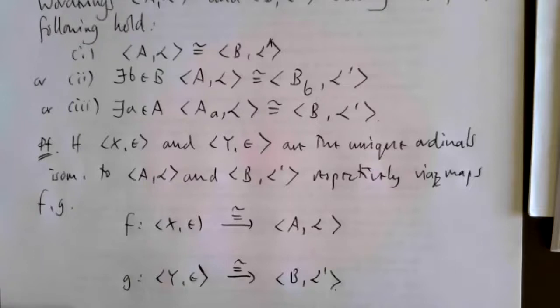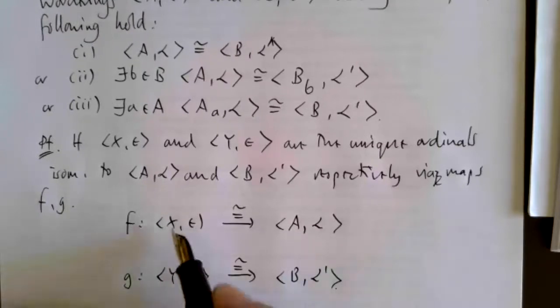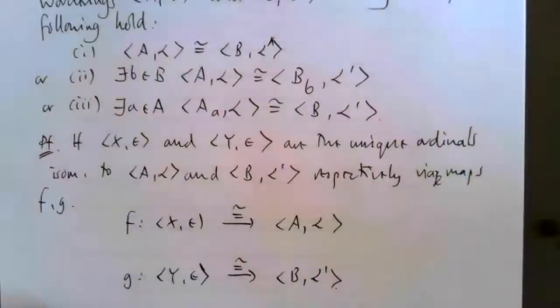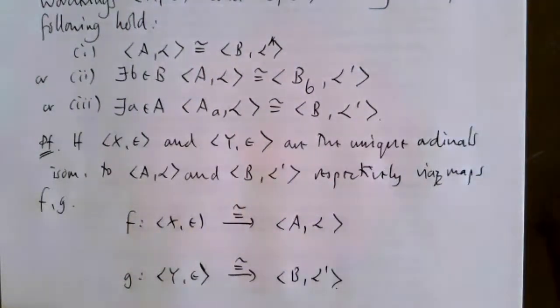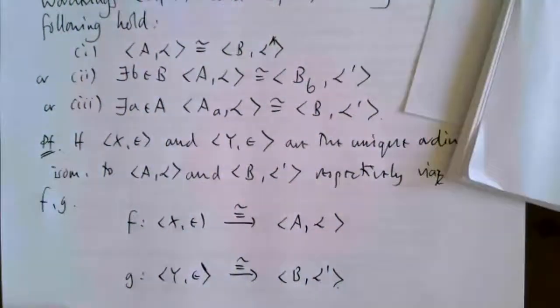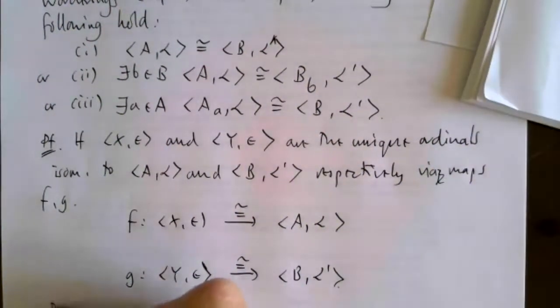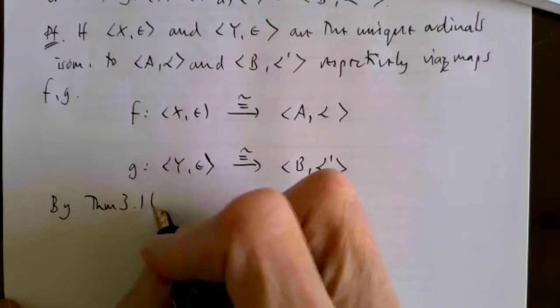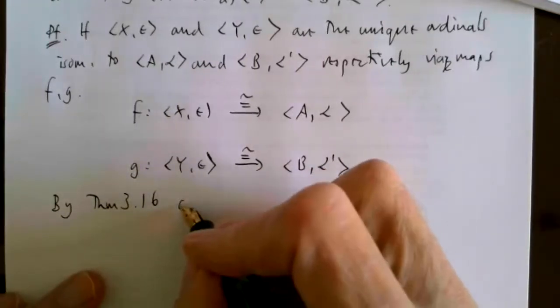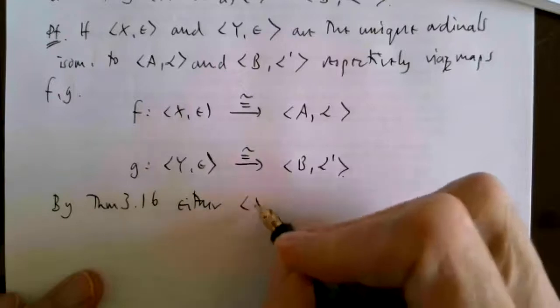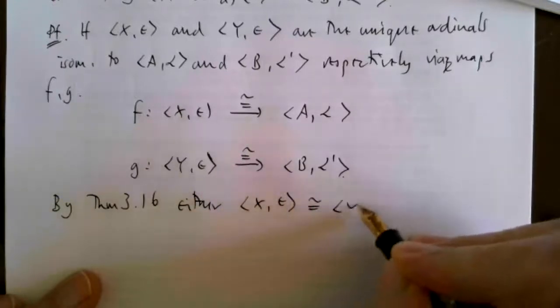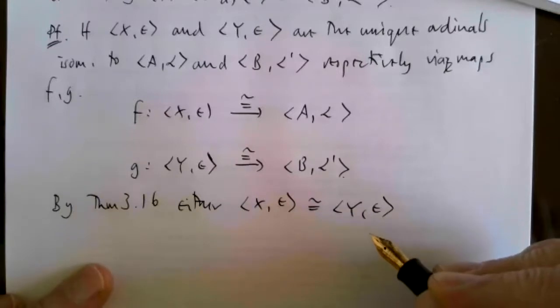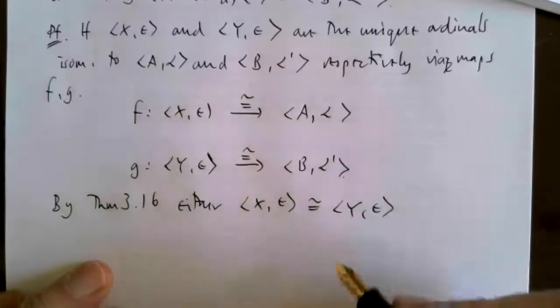Now, we've already shown that any two ordinals are either isomorphic or one is isomorphic to an initial segment of the other. That was the classification theorem for ordinals, 316. By theorem 316, either X with epsilon is isomorphic to Y with epsilon, in which case, what have I got?